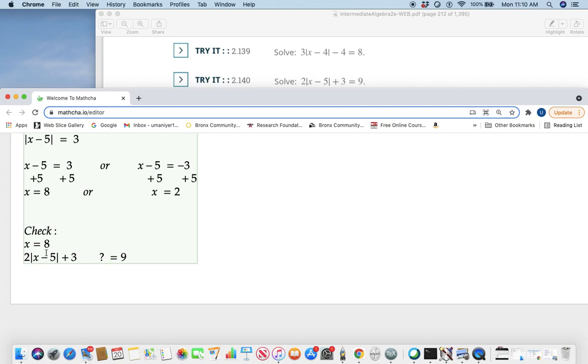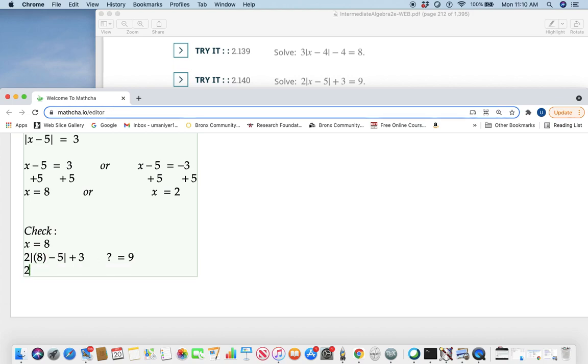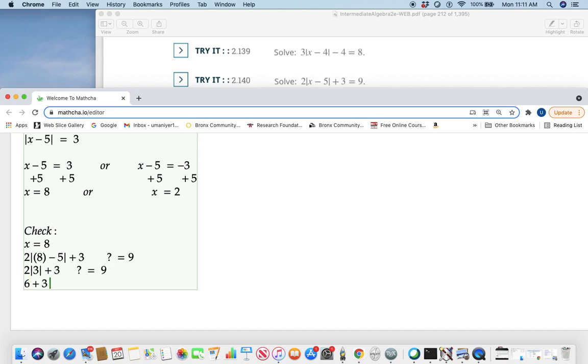So you're going to replace x by parentheses 8. All right, 2 times absolute value. 8 minus 5 is 3. Question: is it equal 9? 2 times 3, because absolute value 3 is 3. 6 plus 3. Is it equal 9? Yes. So x equals 8 is a solution.